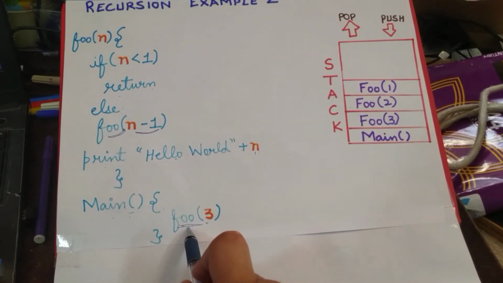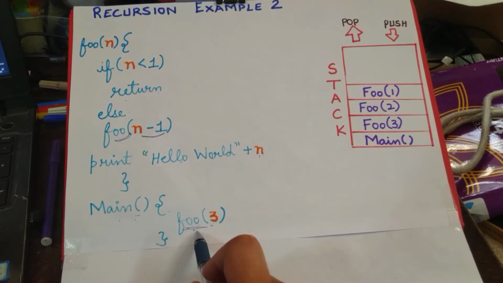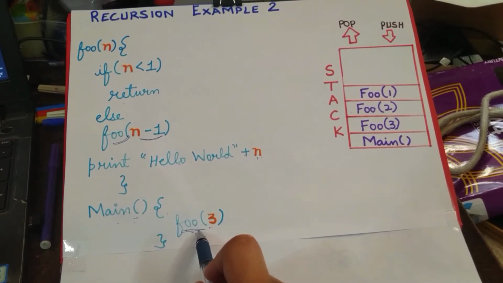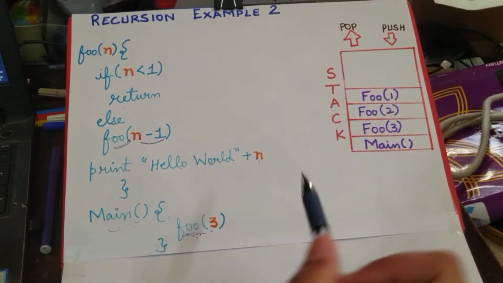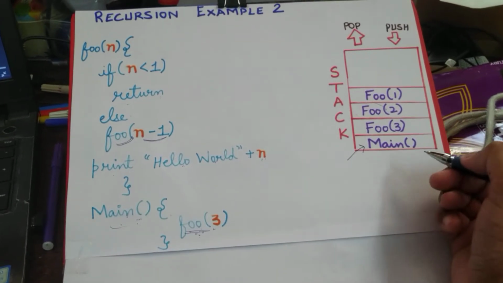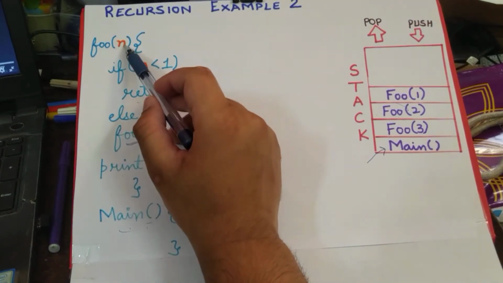This foo method contains a statement. For that statement to be executed, this main method needs to go into the stack. So this main method goes into the stack. Okay, this foo3 method will then be called.